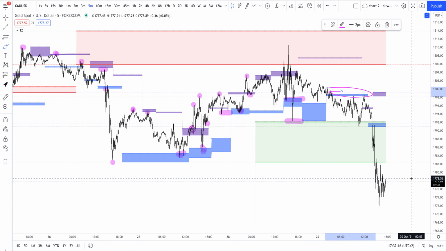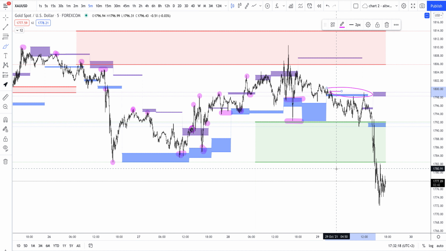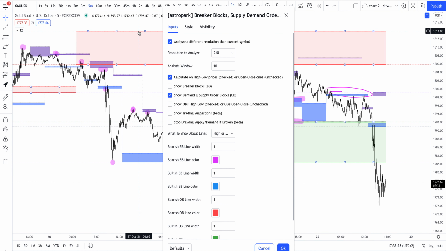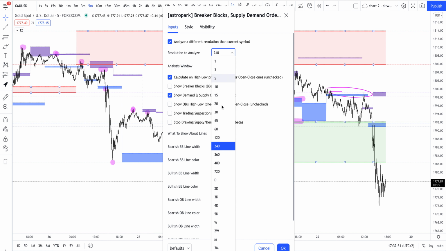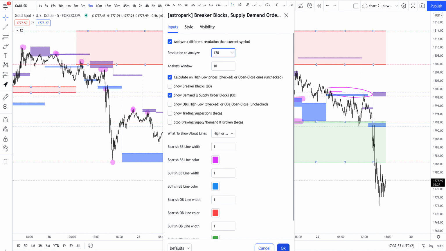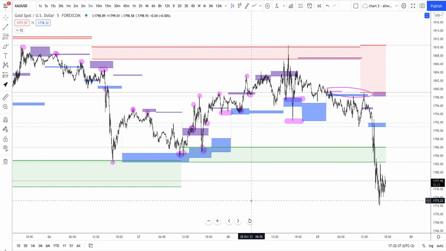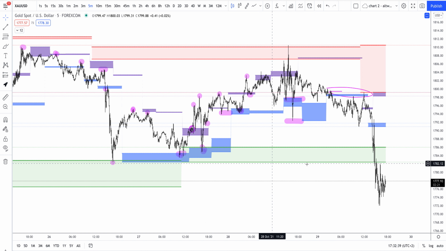So I hope I explained clearly how you can use this indicator. I promise the next one will be on forex. So here USD, this is the 2 hours, for example.